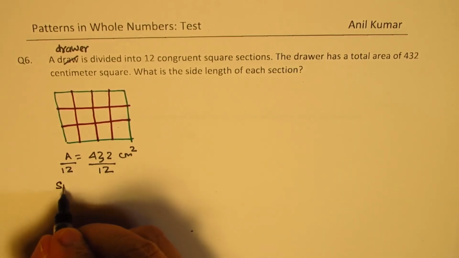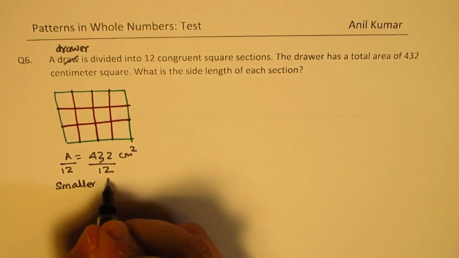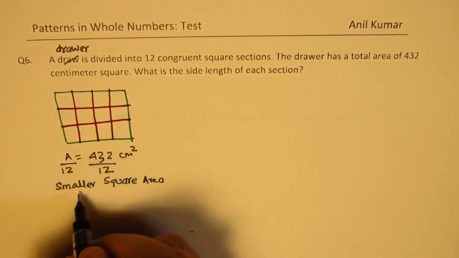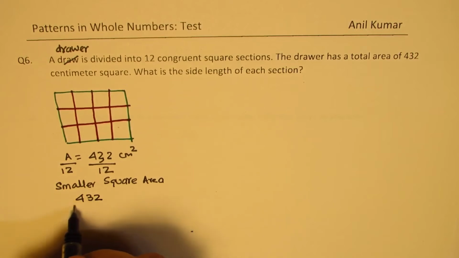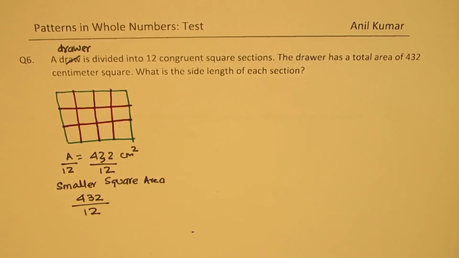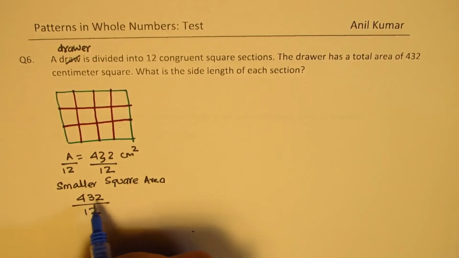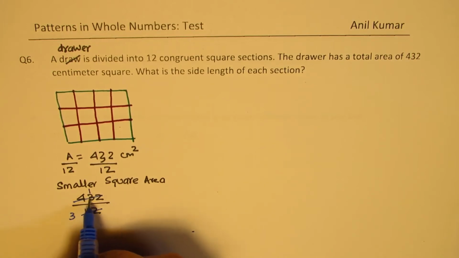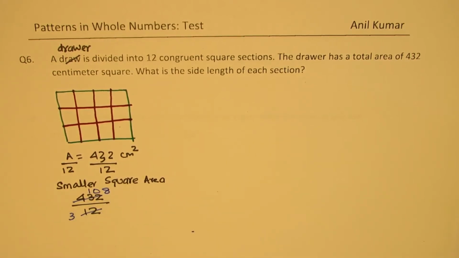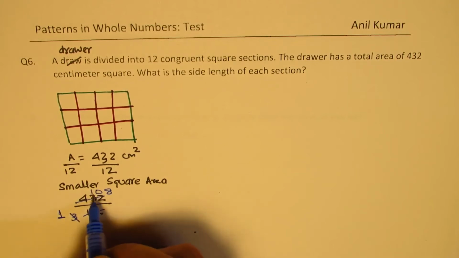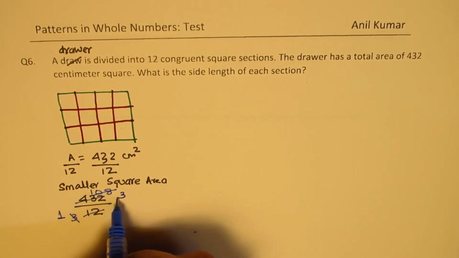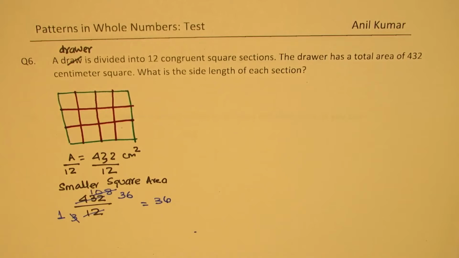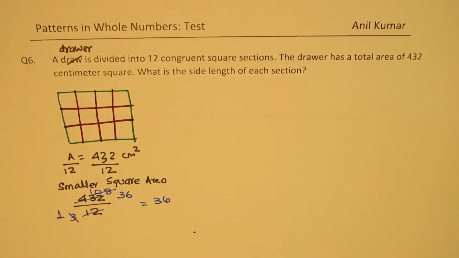Now for easy calculations, you can divide both the numbers by 4, for example. 3 times 4, 1, this does not go, 8, 108. And now we can divide by 3, right? 3 times 1 and 3 times 3 is 10 and 6. So we get the number 36. So that is the area of each square, right?